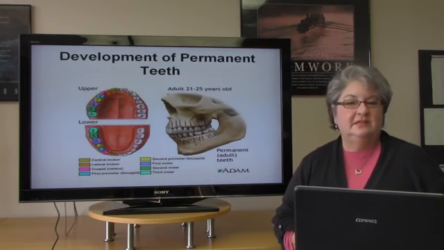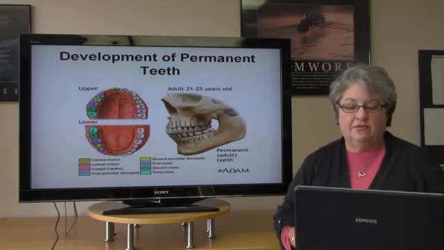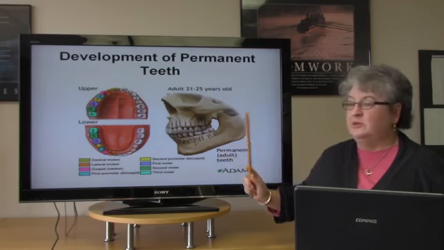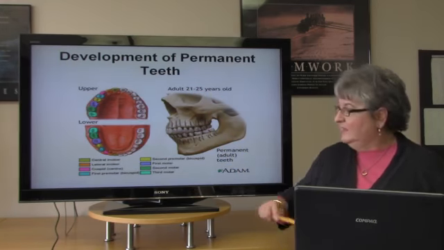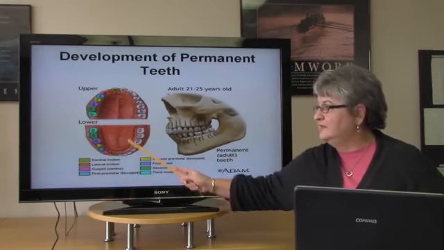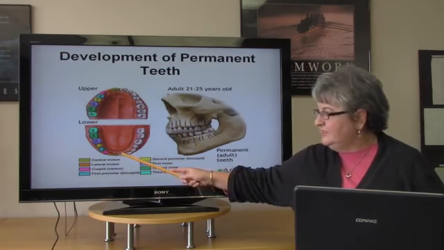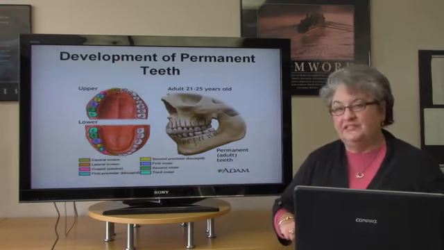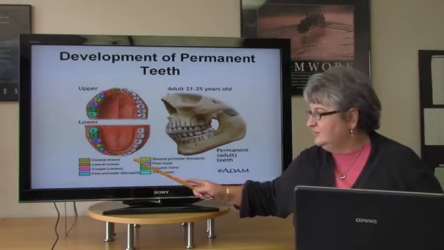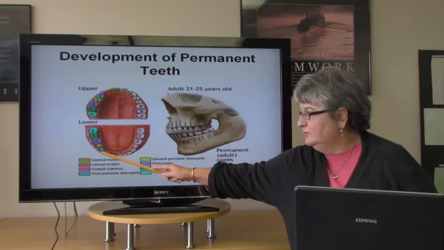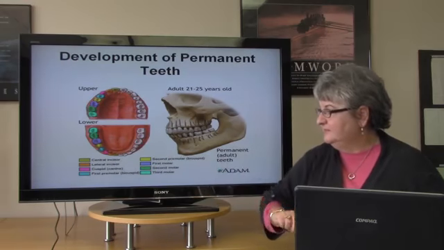This is the chart of the growth and development of permanent teeth. This person is between the ages of 21 and 25 years of age. And again, upper, lower, and mirror image. The first 2 teeth are the central incisors. The next 2 are the lateral incisors. The next 2 are the cuspids.